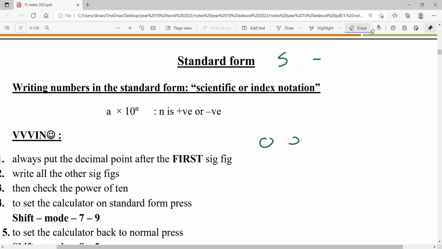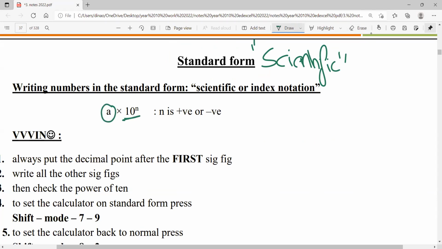What does standard form look like? Sometimes it's also called scientific notation. It's a number multiplied by a power of 10. This power could be positive or it could be negative.